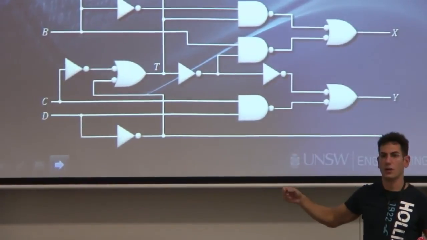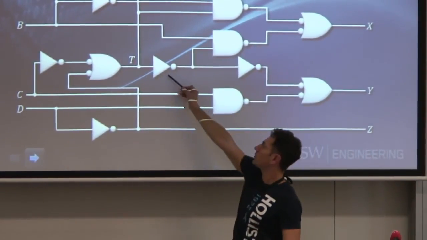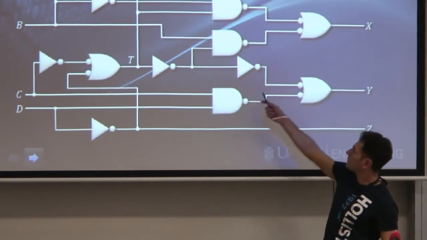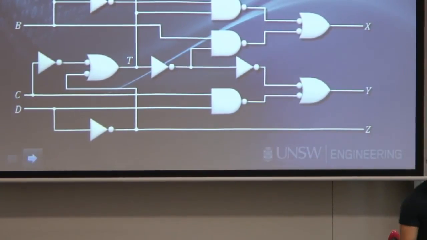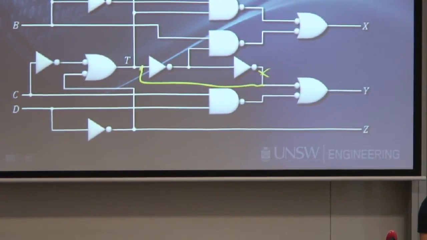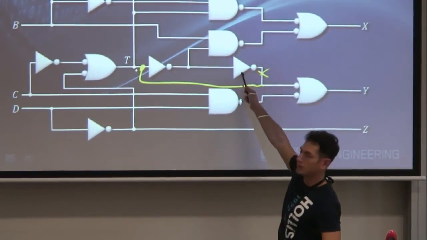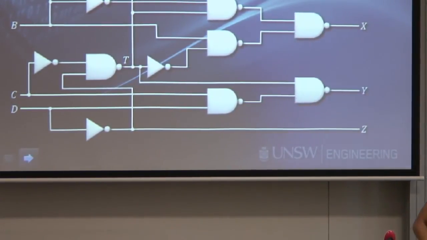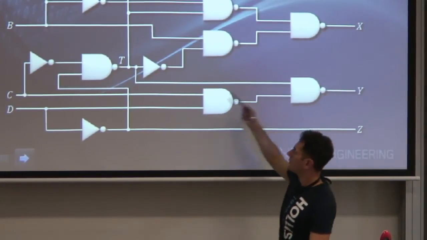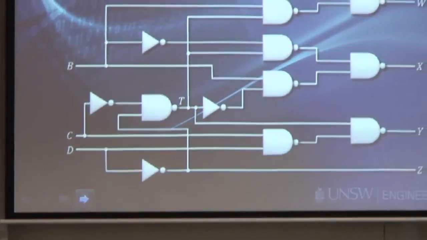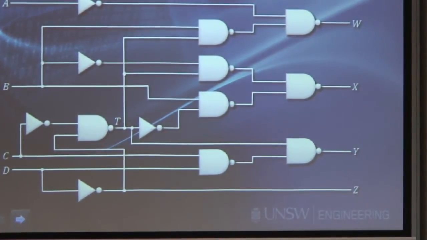So there's, in a way, no point for these two inverters. I do need this inverter for here, but then, similar to what I've done there, I can cut this line out and then connect it directly to here, which then eliminates this inverter there. Now putting it nicely, so this is the line that I cut out, and I connected here, and I changed all of my ORs with their inputs inverted into NAND gates.